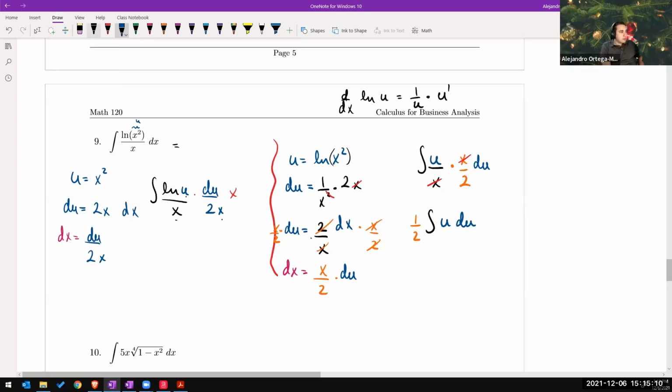Okay. So we do the antiderivative, and it's going to give us a 1/2. If it's the integral of u du, we add 1 to the power and divide by the exponent, plus c.